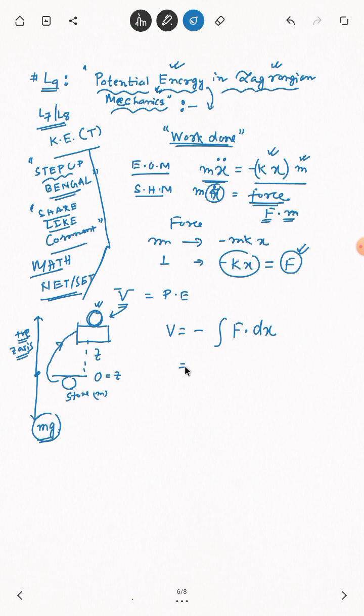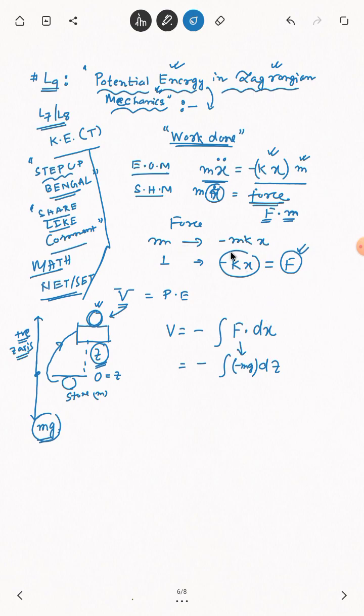So here, as we have done this experiment in the direction of z axis, we can just replace it as F dot dz, and also this F will be replaced by minus mg, because this is the total force.